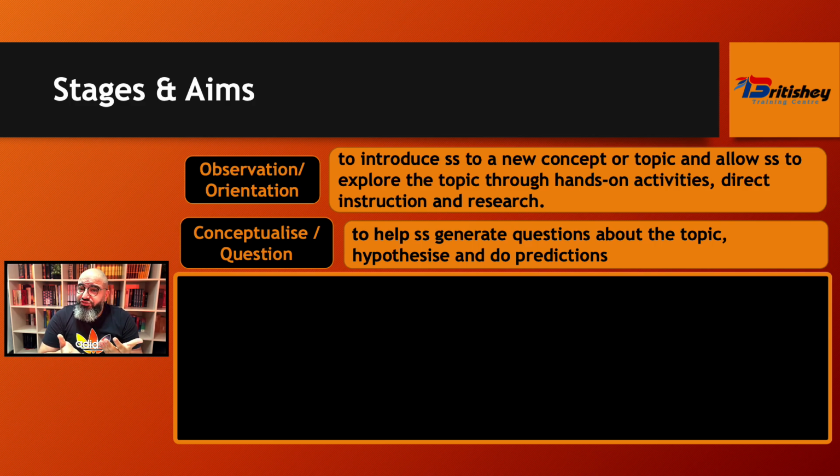And of course, in this stage, you need to be ready as a teacher with a list of questions for feedback. So when you're checking what your students have come up with, and then they missed some important questions, then you need to comment and you need to add these questions. But again, you let the students come up with the questions.